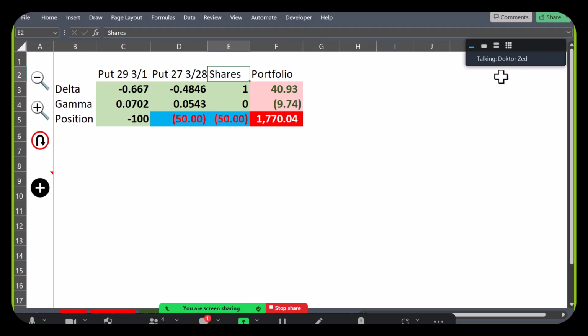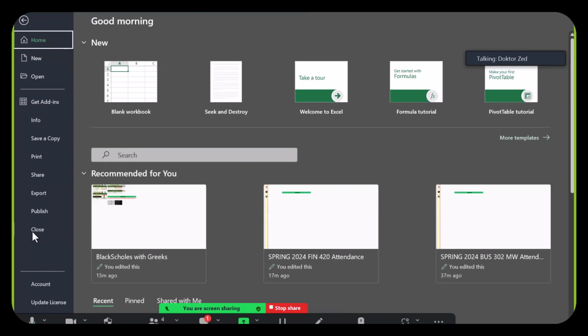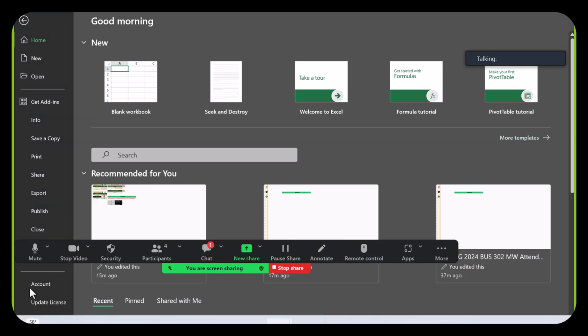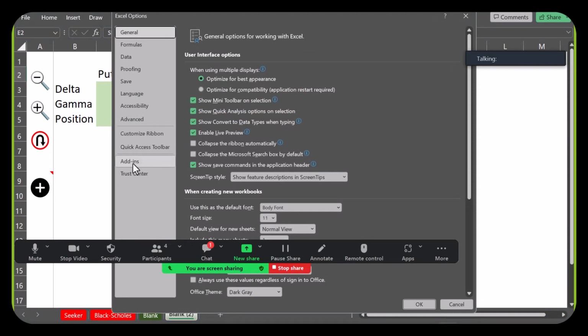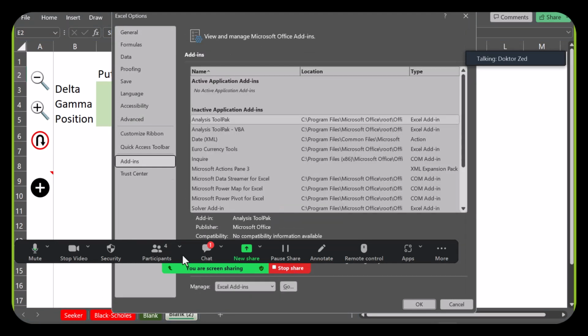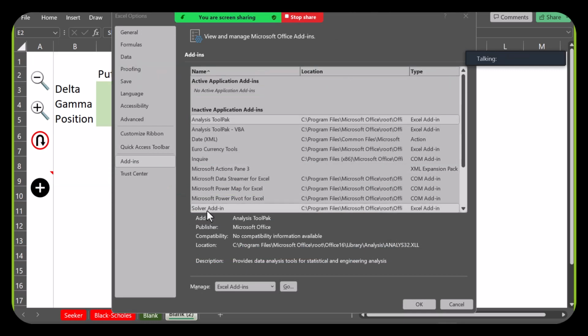If you don't have Solver on your computer, you have to do this only once. Go to File, Options, add-ins, and manage Excel add-ins, Go.